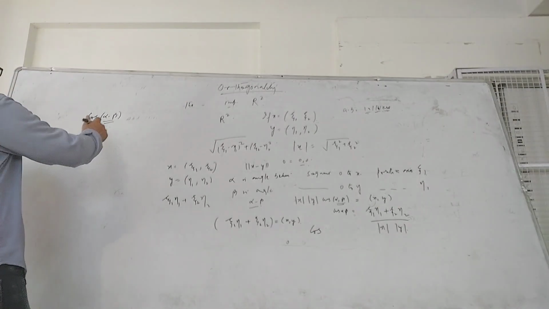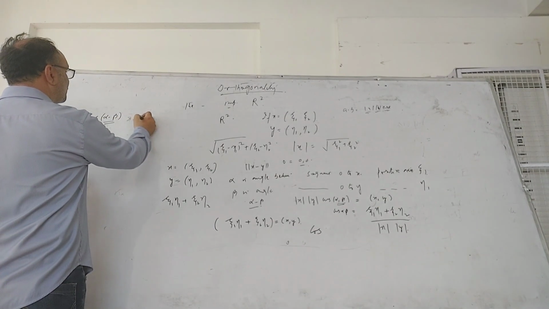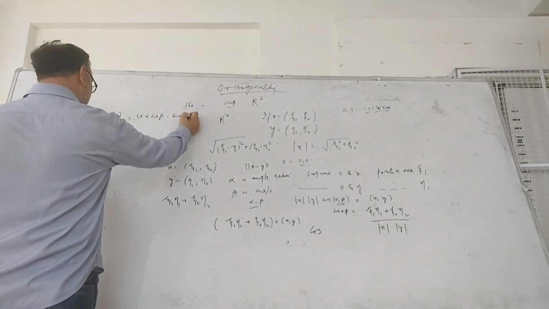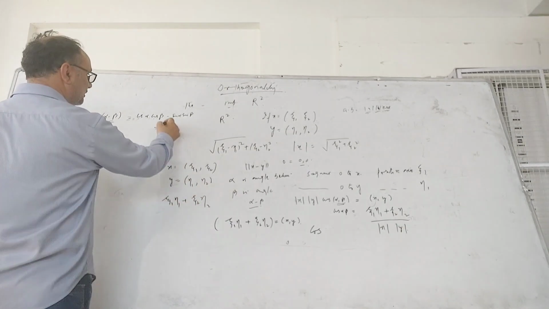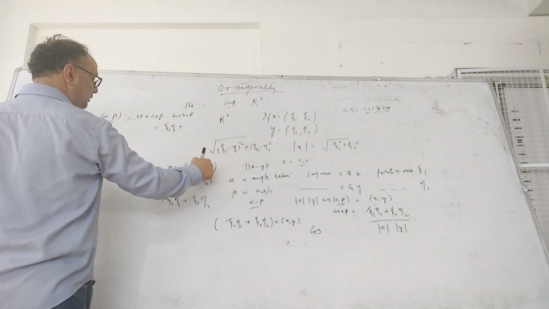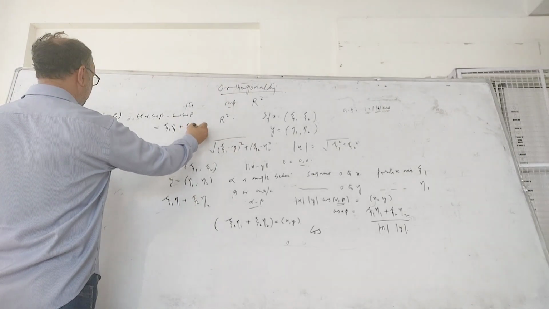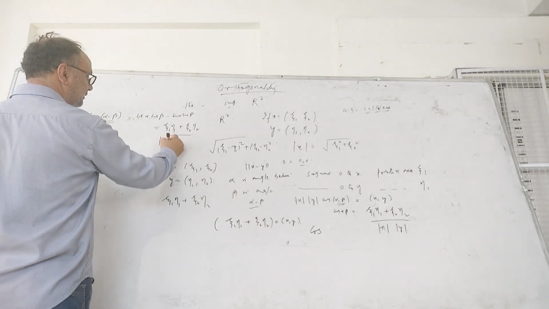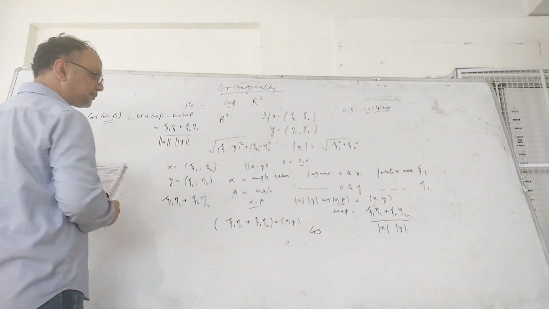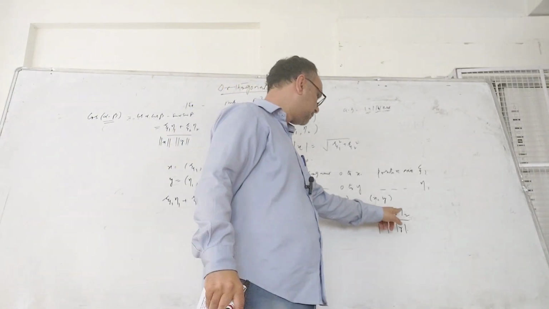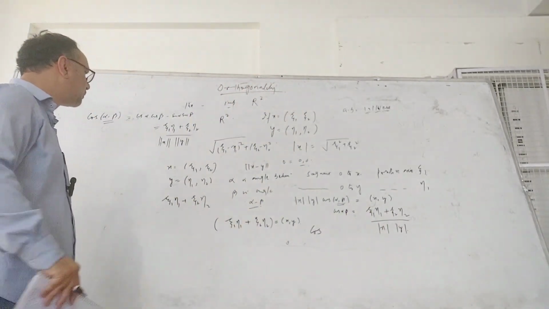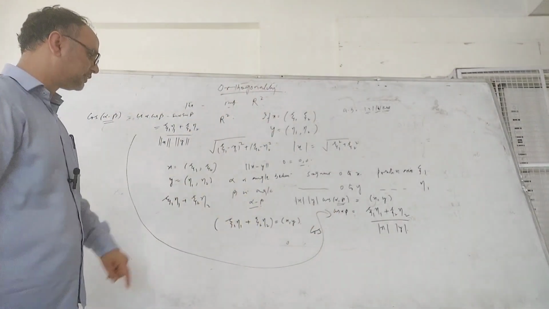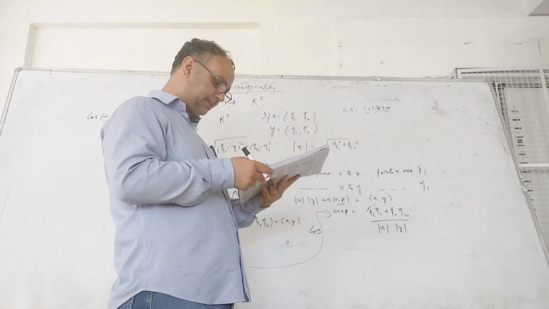So cos of alpha minus beta can be written as cos alpha cos beta plus sin alpha sin beta, equivalent to the product with their moduli of x and y. This is the extended form, so you can start from this and have a justification for this thing.